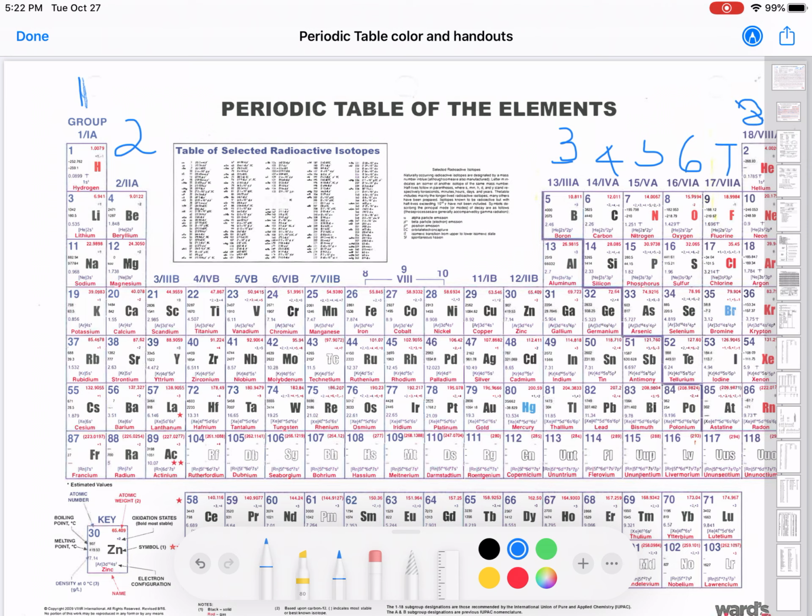So these are the main groups. In these main groups, they have valence electrons, and the valence electrons equal the group number.